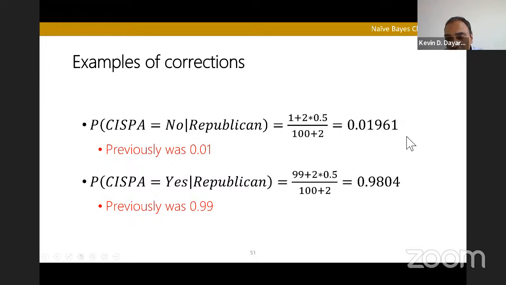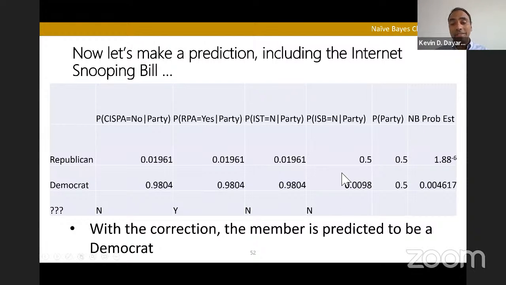So instead of 0.01 and 0.99, you'll have these quantities instead. So they change slightly. That's not a big deal. But what is a big deal is you knock out this 0 with the Internet Snooping Bill, where it becomes a very small, but non-zero probability. And in this case, with this correction, the predicted member is a Democrat.